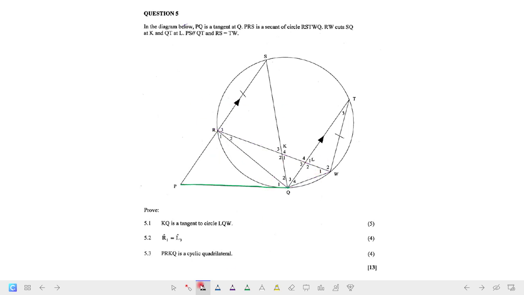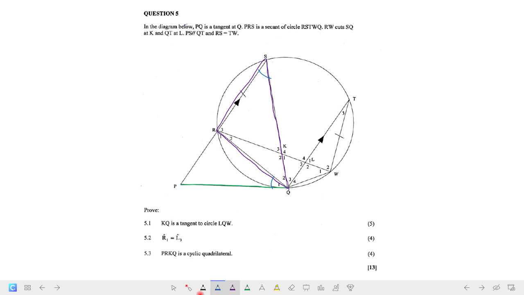We've already done the first one, which is TWQ, and now we did RQW, and then the third one. Alright, there it is. I see a third one. Okay, in the third one I can see that it is SRQ. So this then means this angle Q1 is the same as that angle.